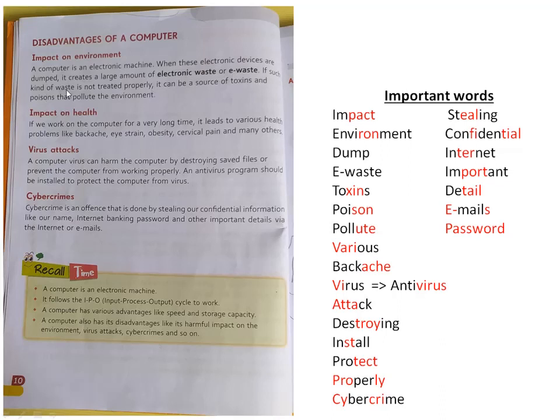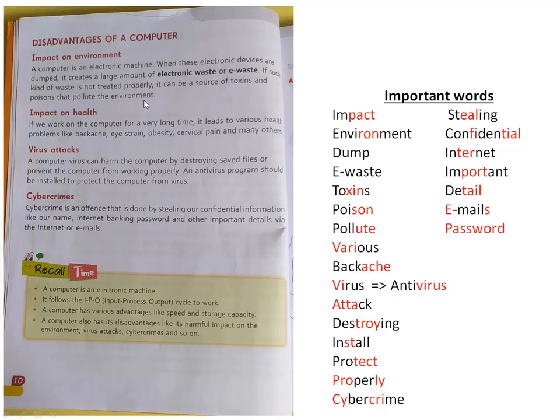If such kind of waste is not treated properly, treated properly means they are not taken care of properly, it can be a source of toxins and poisons that pollute the environment.